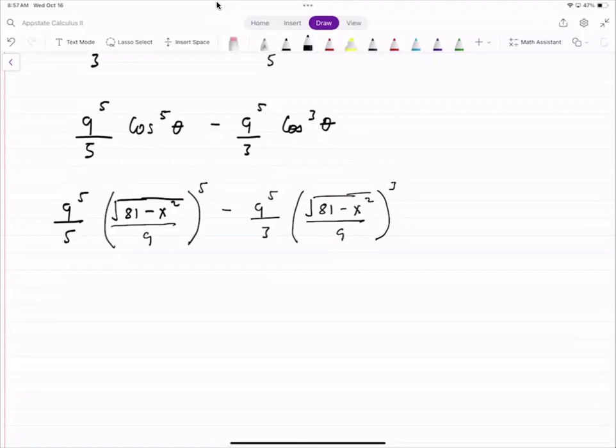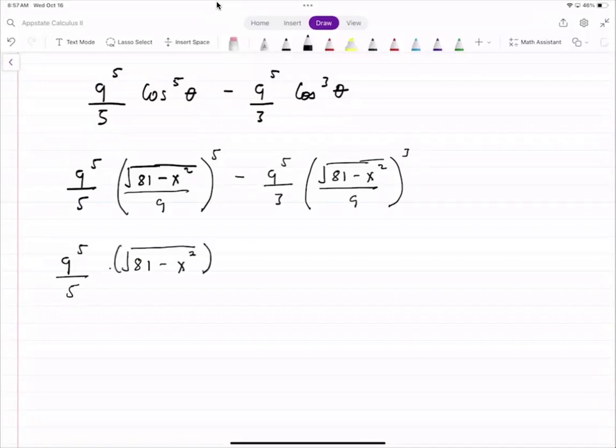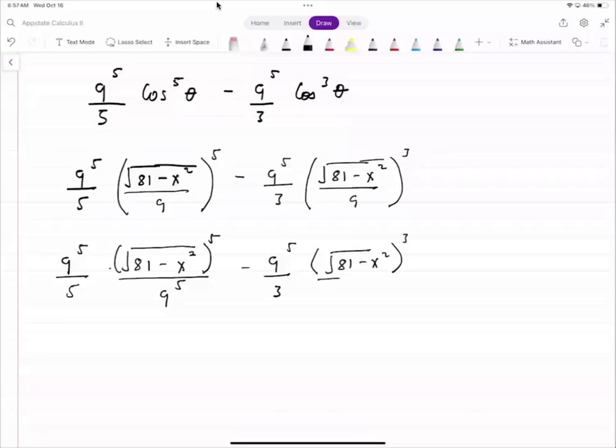If you simplify, this should give you 9 to the fifth divided by 5 times the square root of 81 minus x squared, to the fifth, divided by 9 to the fifth. Okay? Minus 9 to the fifth divided by 3 times the square root of 81 minus x squared, all to the third, divided by 9 to the third.